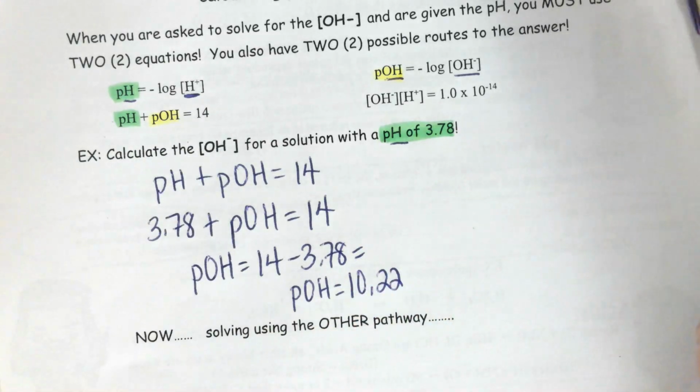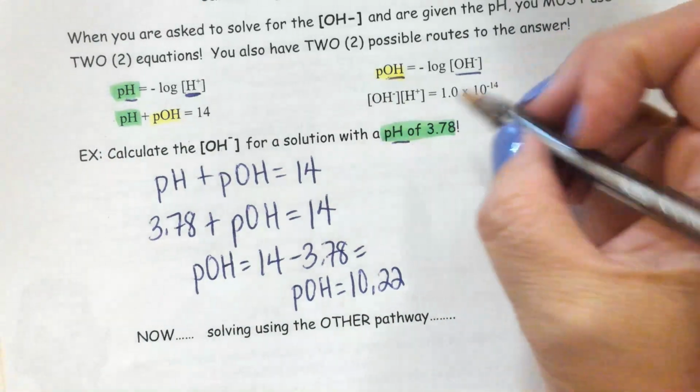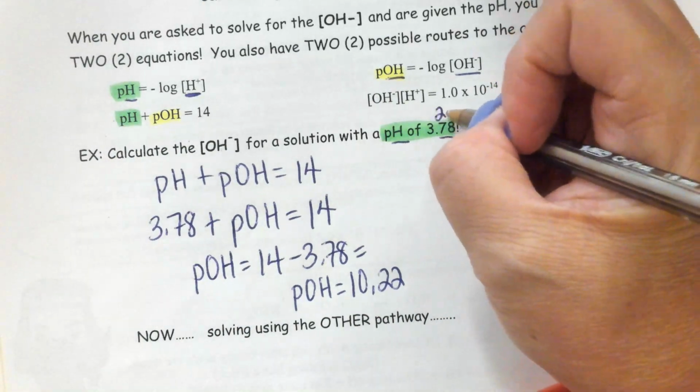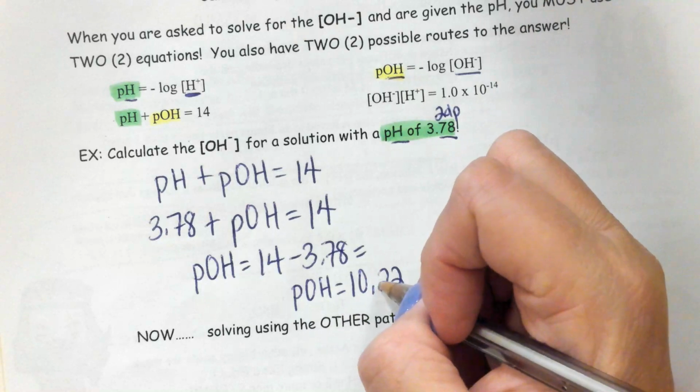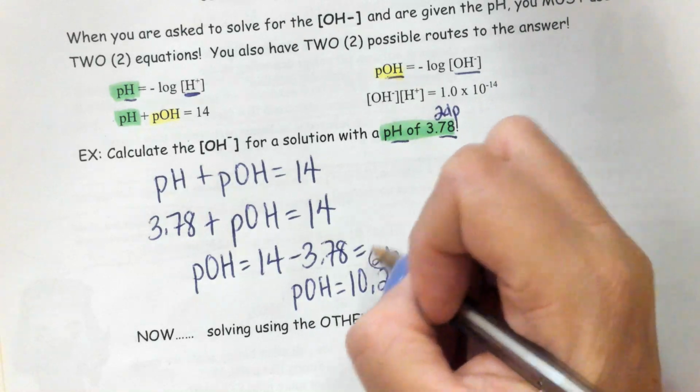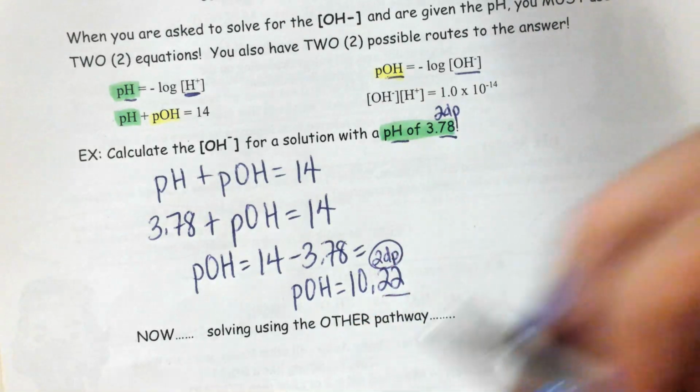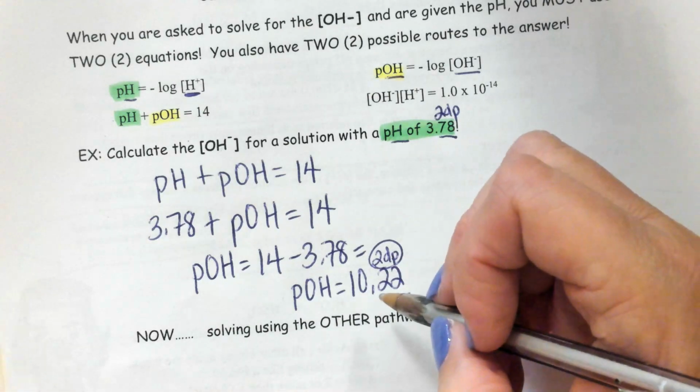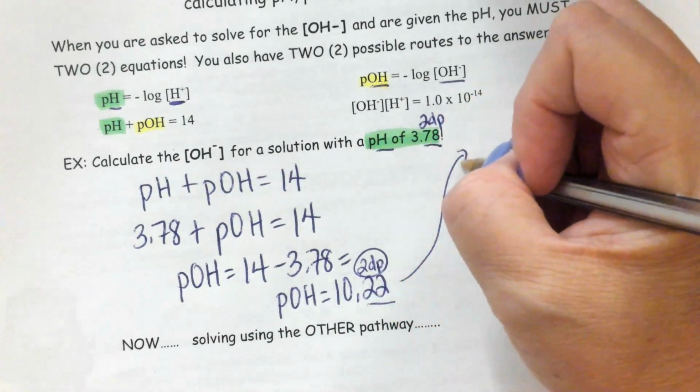Now let's make sure that is the right number of decimal places. pH has 2 decimal places. Remember, for pH and pOH we go by decimal places, so these 2 get to be the same. So that is correct. That is not my answer, though. I only have to use this to get to that.